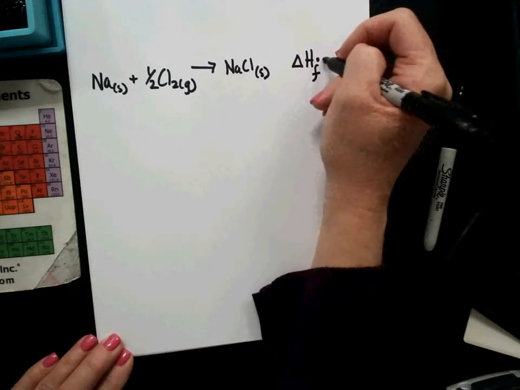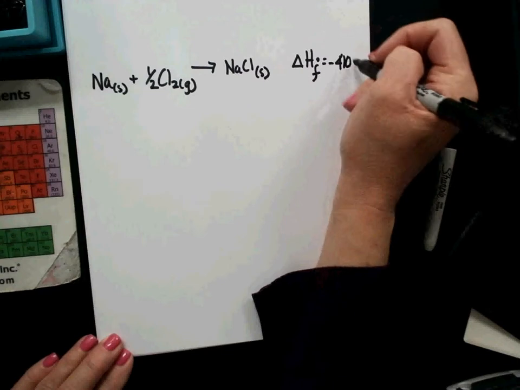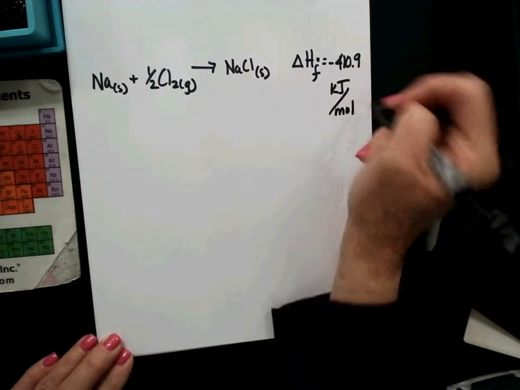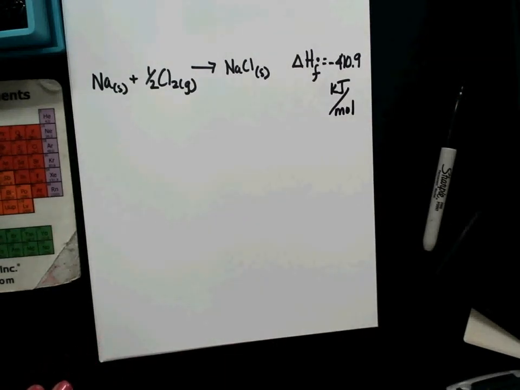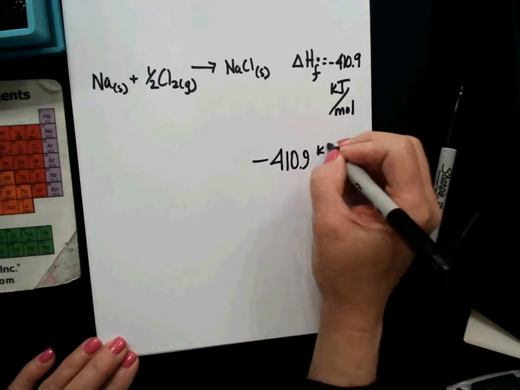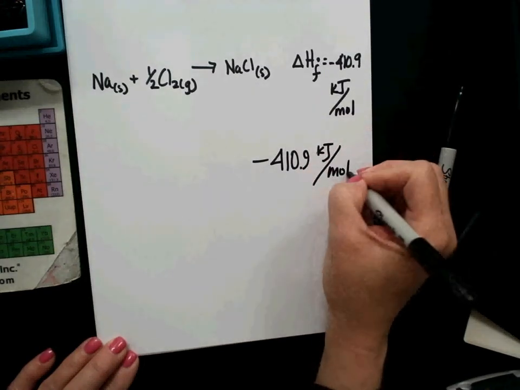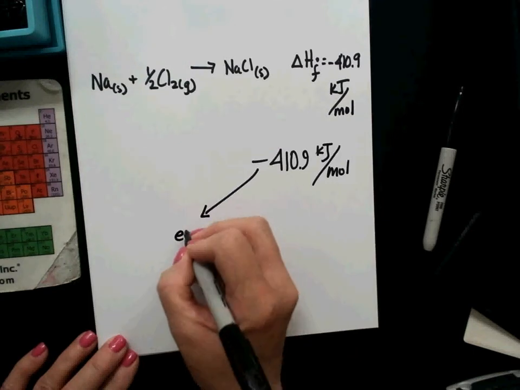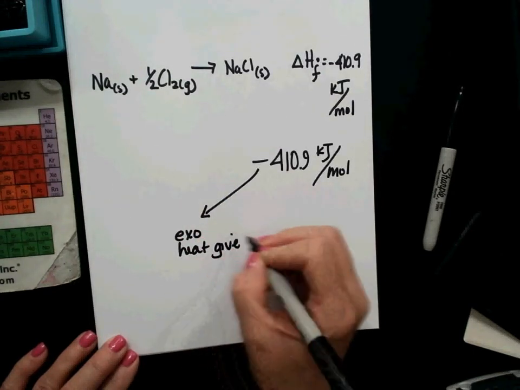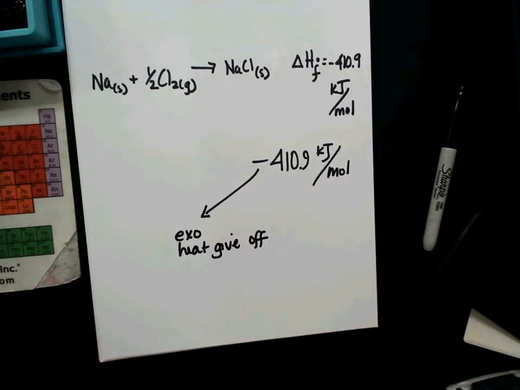Delta heat of formation equals negative 410.9 kilojoules per mole. I just wrote it over bigger because it was kind of squishy.